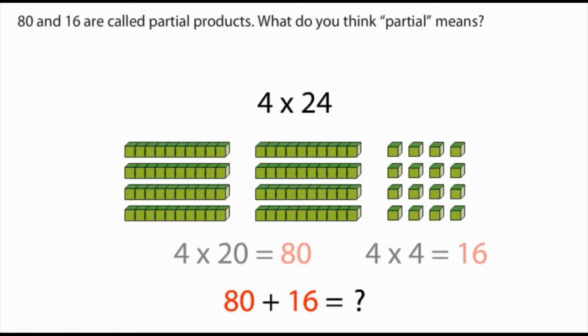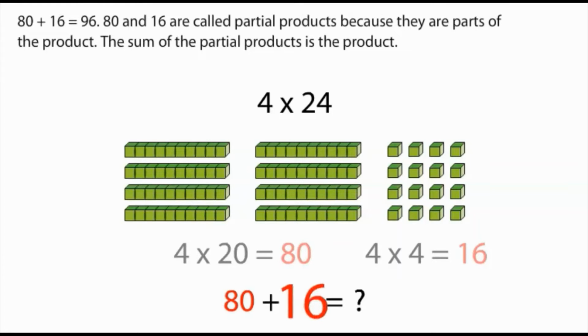80 and 16 are called partial products. What do you think partial means? 80 plus 16 equals 96. 80 and 16 are called partial products because they are parts of the product.